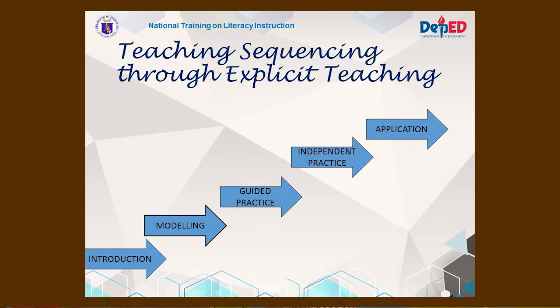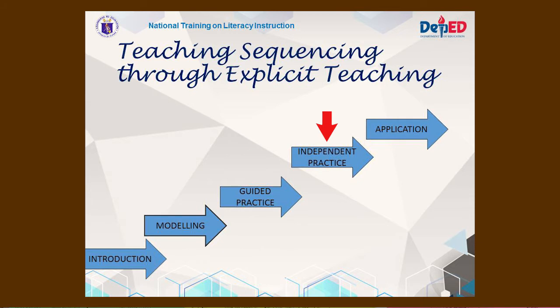Now, how do we teach sequencing? Through explicit teaching. Again, we have our introduction and the modeling. This is the part that I do, the I do part. Next, the guided practice, wherein this is the part that we do, the we do part.